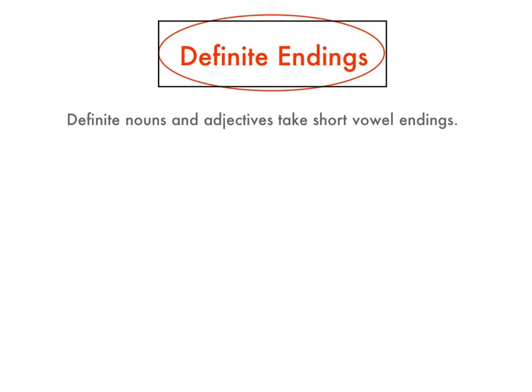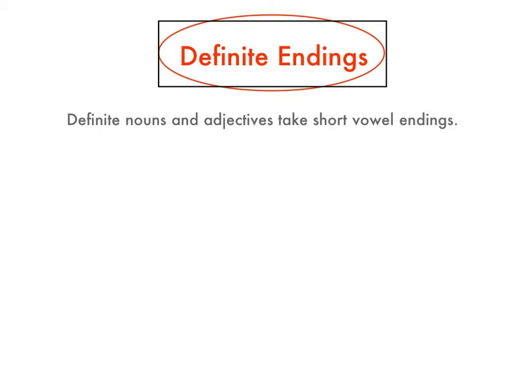Definite endings. You probably have seen the short vowels Dhamma, Fatha, Kasra on the last letters of words in Arabic. Here we explain for you why you see those short vowels at the last letter. These short vowels had grammatical roles, which you will learn in the next book, and they are only written on definite nouns and adjectives.